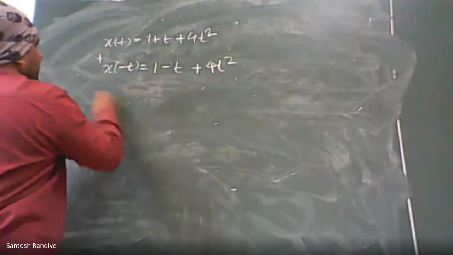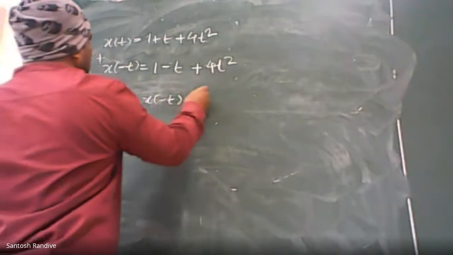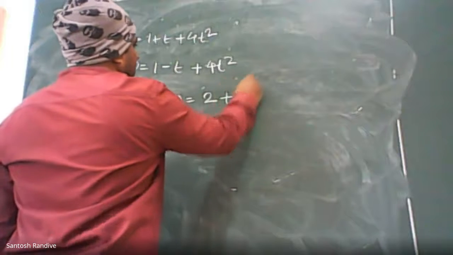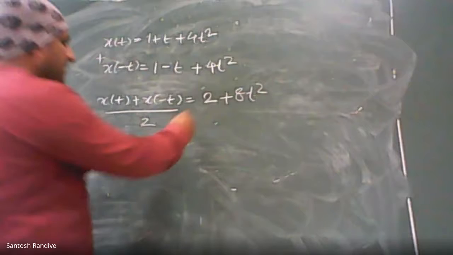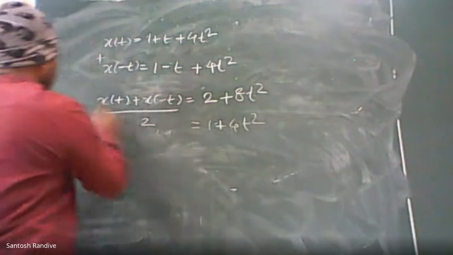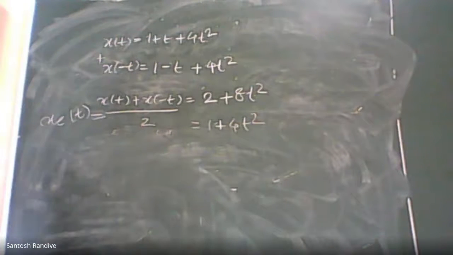X of t plus x of minus t is equal to by addition 2 plus 8t square divided by 2, so it will give you 1 plus 4t square. This is what? This is X e of t. दुसरं काय करायचं आहे आपल्याला?